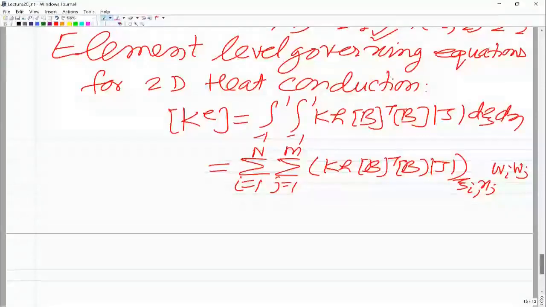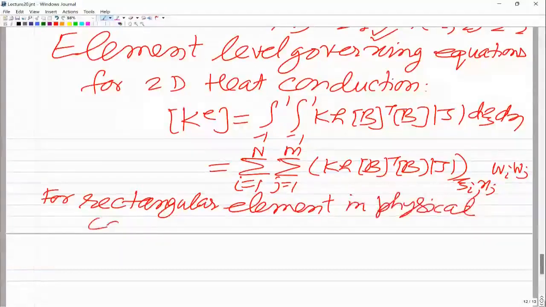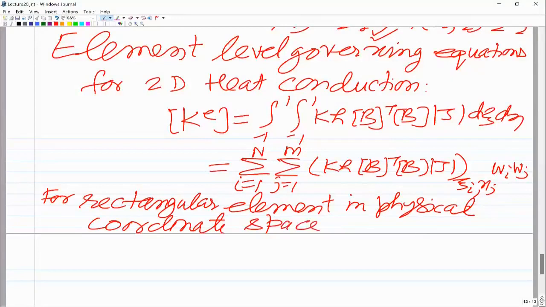For a rectangular element in physical coordinate space, we have seen that the Jacobian matrix is constant, and its inverse is constant.